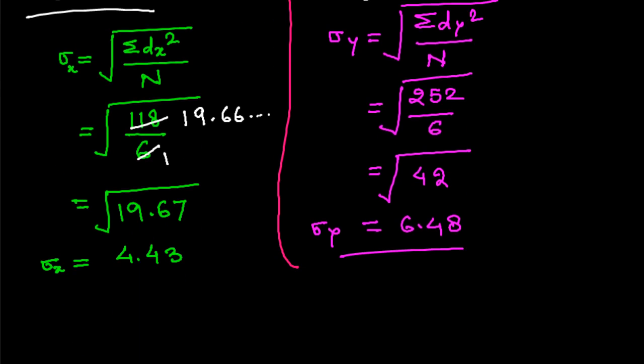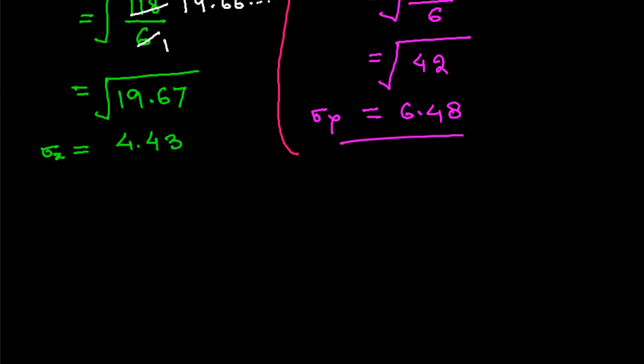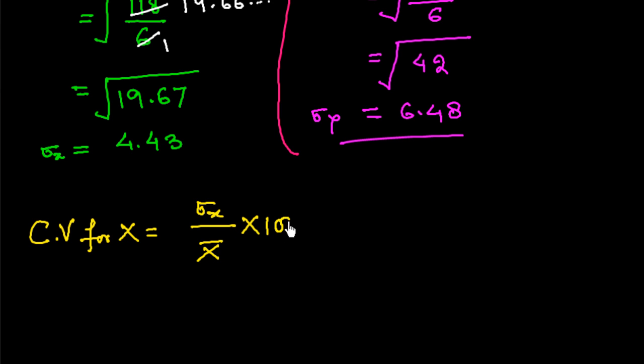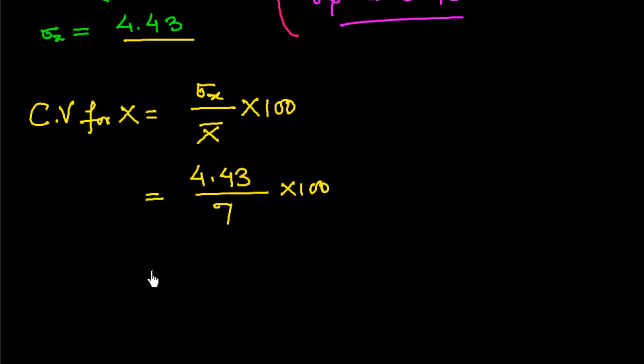Now finally we have to find out the coefficient of variation. For this, coefficient of variation for x is equal to sigma x over x bar into 100. So we know that the standard deviation of x is 4.43, and x bar we know, which is 7, into 100. So we see what happens now.